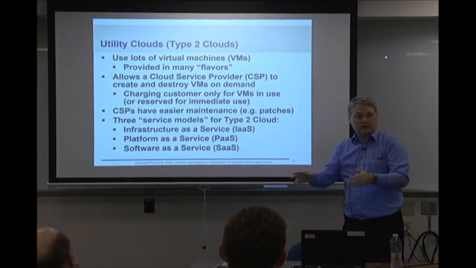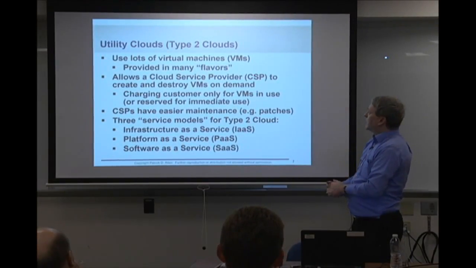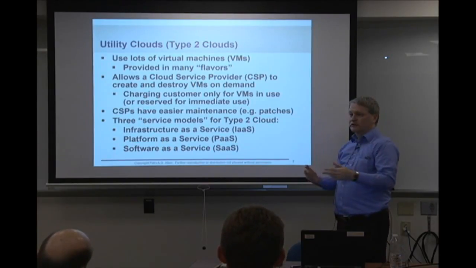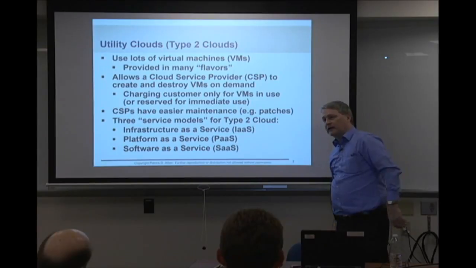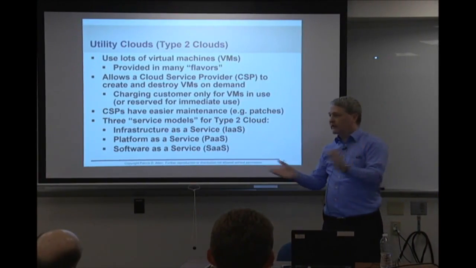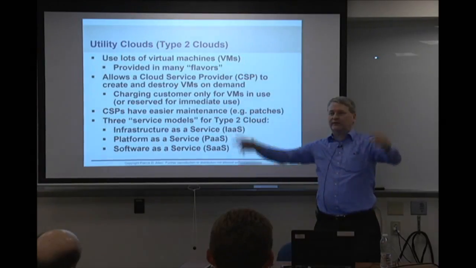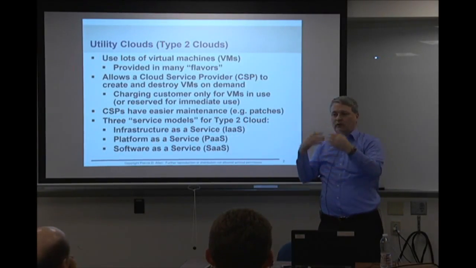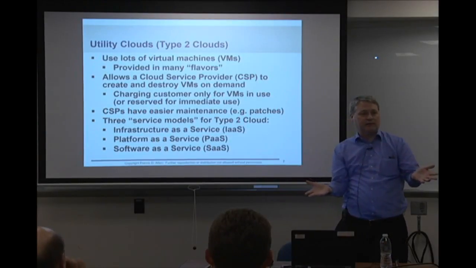Here's the price, here's what it's going to cost, etc. And then what it allows is for the cloud service provider to create and destroy VMs on demand. So if you don't need anything, you're not paying for them. If you suddenly say, oh, I need 100 VMs, they bring up the 100 VMs, they let you use them, you're done with it. You only pay for the time that you have those VMs up.